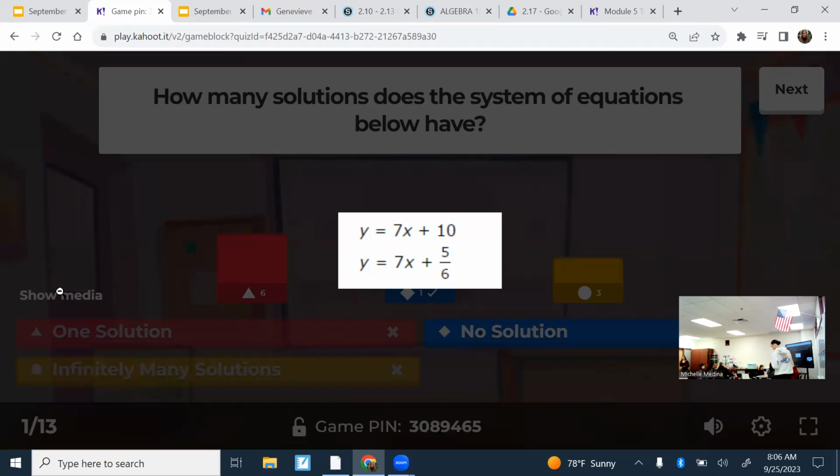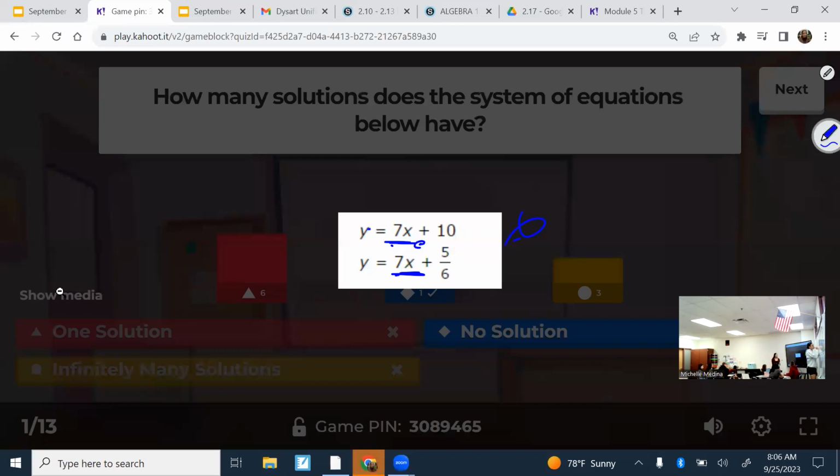What did you say, Remy? So this is the same between them. The number in front of the x is always my what? No. Slope.